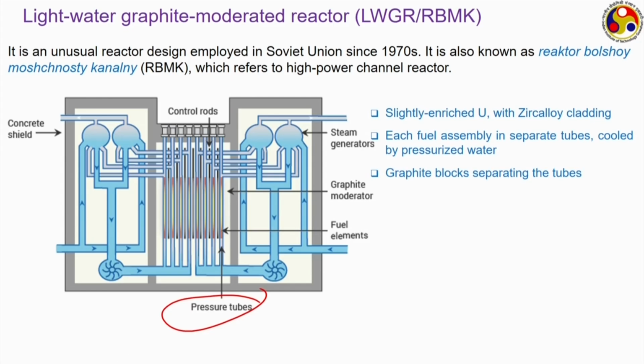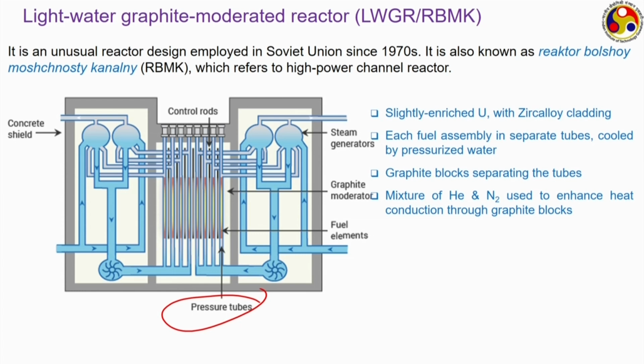Graphite is the moderator, so graphite blocks are used to form a structure within which these fuel assemblies are placed in tubes. And conventionally, a mixture of helium and nitrogen gas is used to enhance the heat conduction to the graphite blocks.